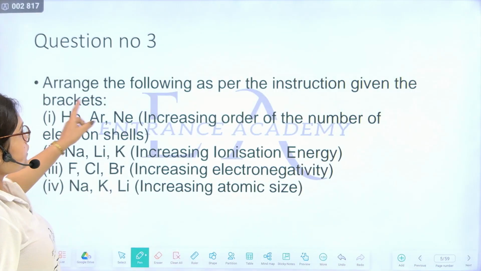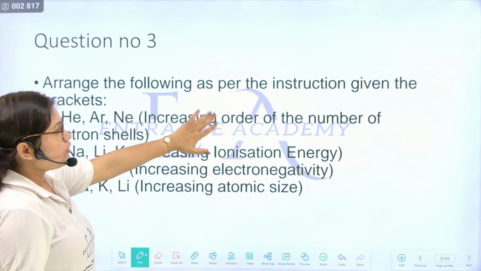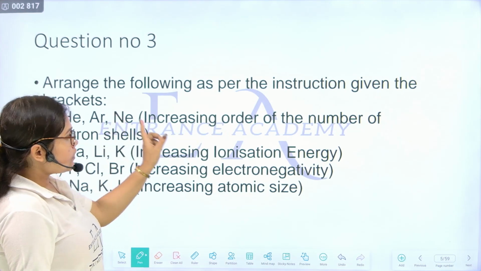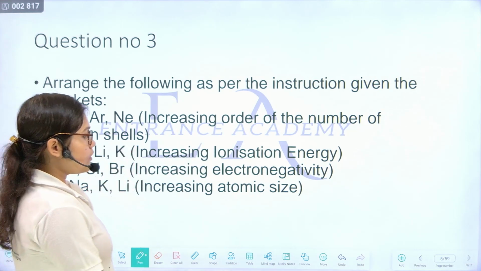Next question. Arrange the following as per the instruction given below. First, three elements: helium, argon, neon, in increasing order of number of electron shells.